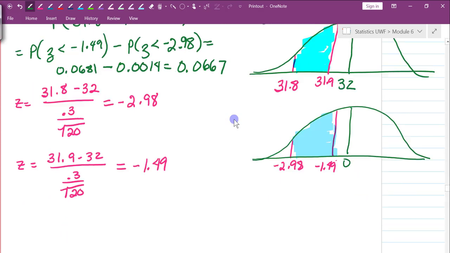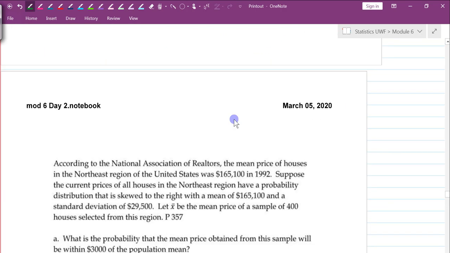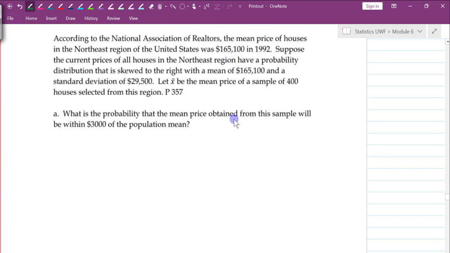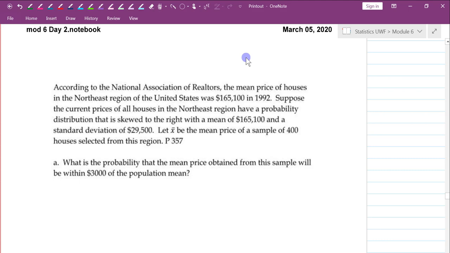Okay, according to the National Association of Realtors, the mean price of houses in the Northeast region of the United States was $165,100 in 1992. Suppose the current price of all houses in the Northeast region have a probability distribution that is skewed to the right with a mean of 165,100 and a standard deviation of 29,500.